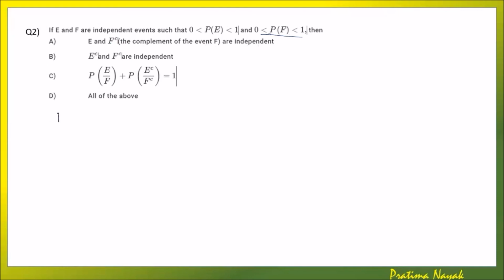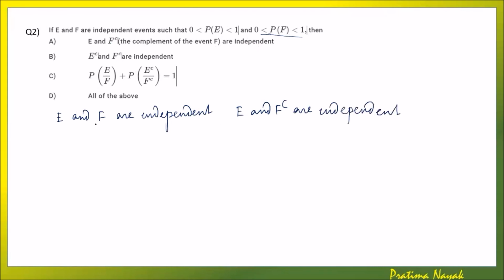We have already discussed that when E and F are independent, then E and F complement are independent. So A is correct. Similarly, E complement and F complement are also independent. So B is also correct.